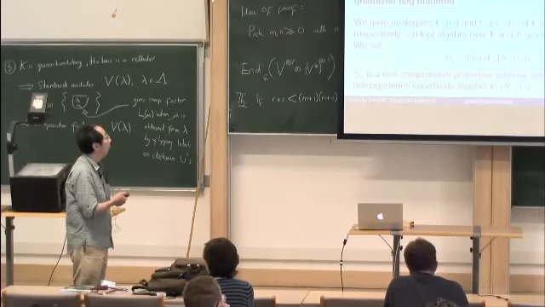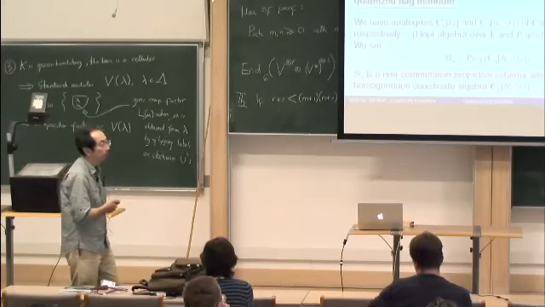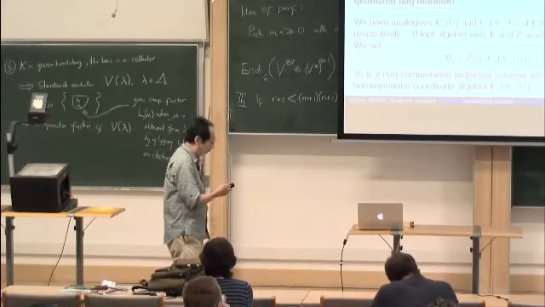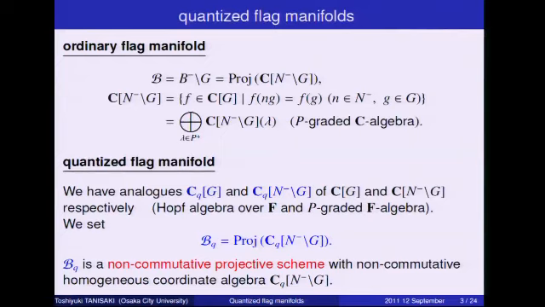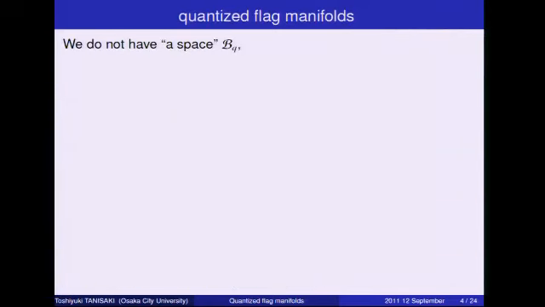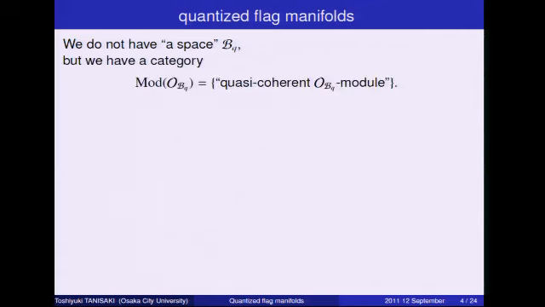So this is an object in non-commutative geometry. So this means that I write it as B_q, but we don't have a space or topological space B_q. But what we actually have is a category consisting of quasi-coherent O modules, O_{B_q} modules.